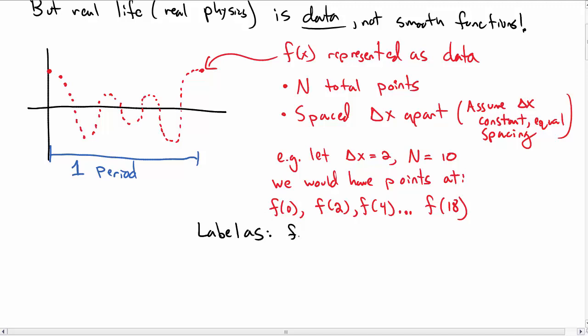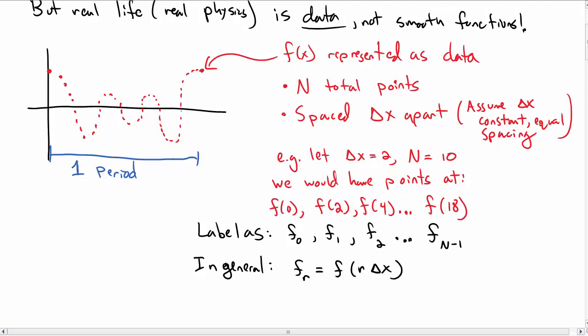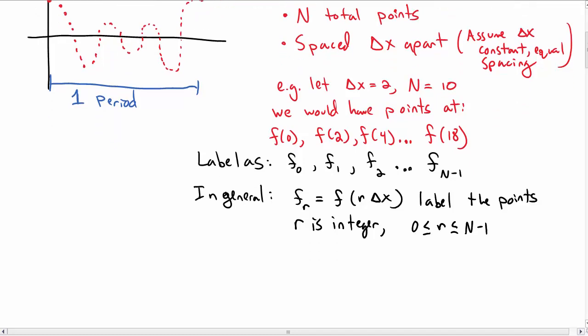We're going to label this as f sub 0 for the 0th point, f sub 1, f sub 2, up to f sub N minus 1. So that's how we're going to be labeling our data points. In general, you could write this as f sub r, and that's equal to the function evaluated at r times delta x. And that's going to be the labeling of our points in our data set. Note that r here is an integer, and it's running between 0 and N minus 1.